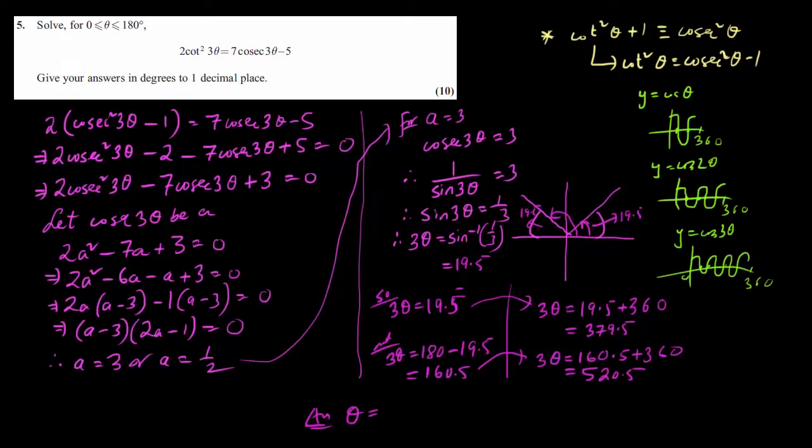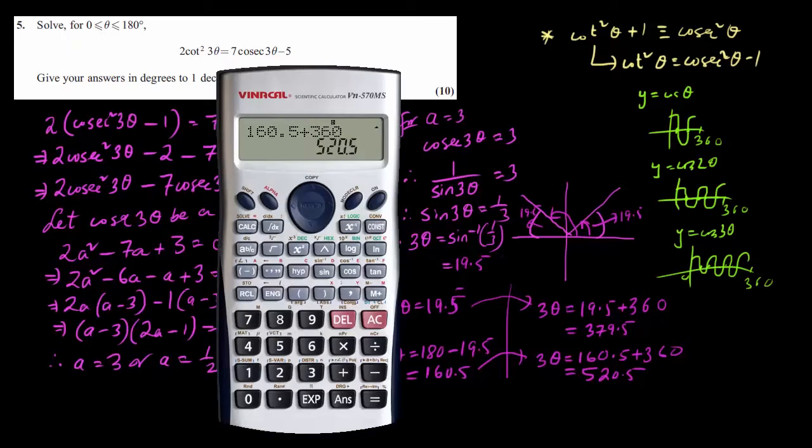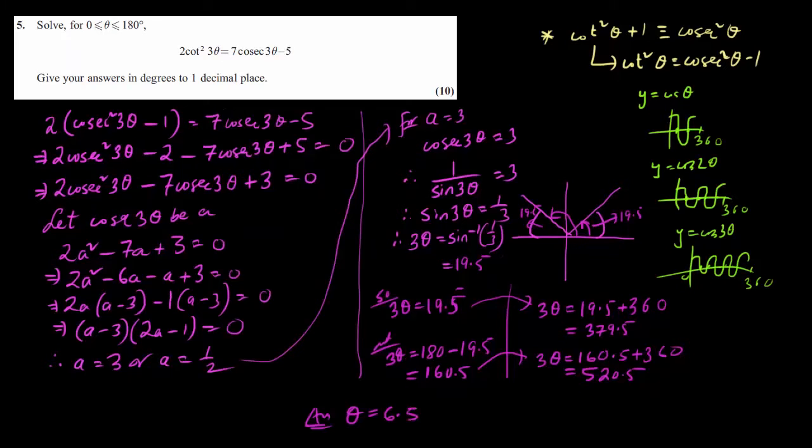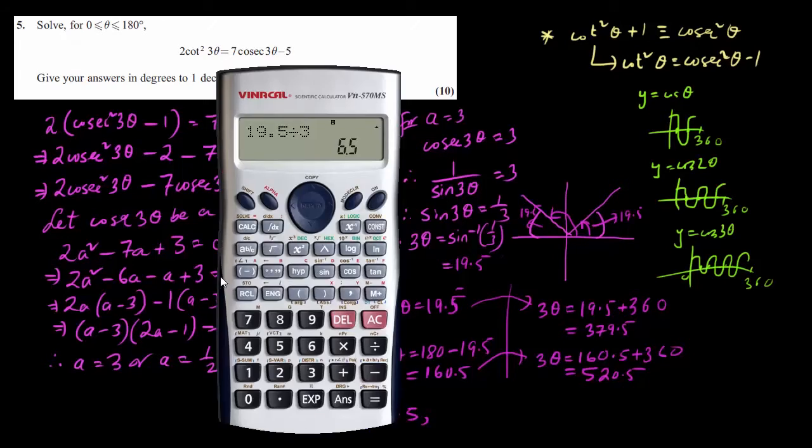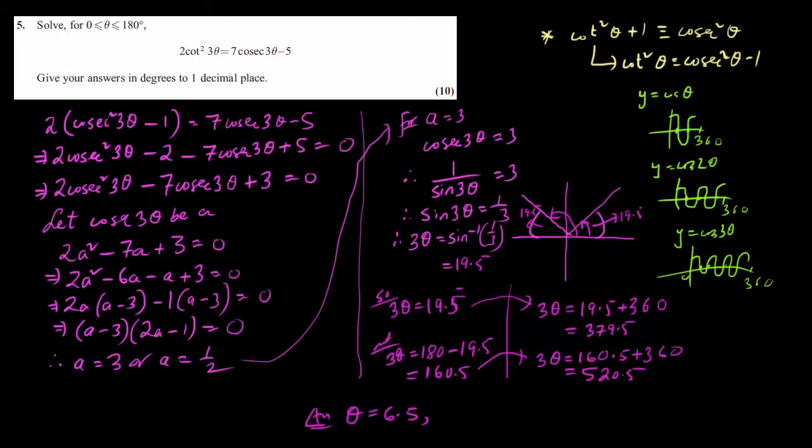Now let's write down the answers. So theta equals 19.5 divided by 3, that is 6.5 degrees. The next one is 160.5 divided by 3, that is 53.5 degrees.